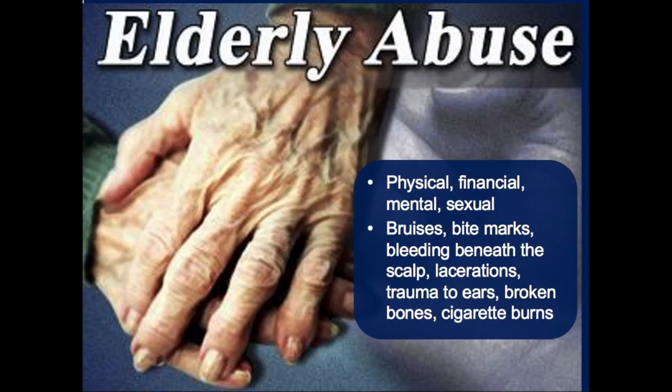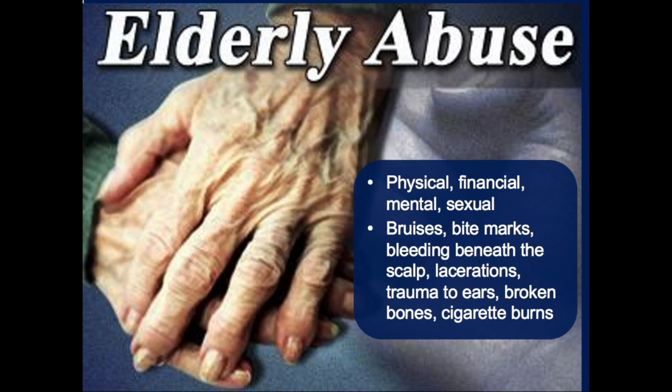So as I've hinted at, abuse comes in many forms. Elderly patients can suffer from physical abuse, physical assault. Sometimes people take advantage of the elderly financially, and this can be something that can be done by a caregiver or a family member.